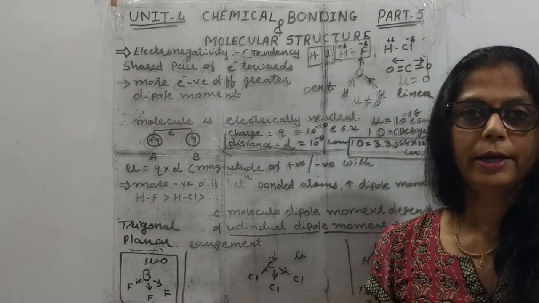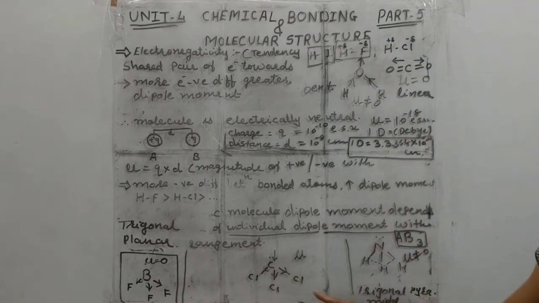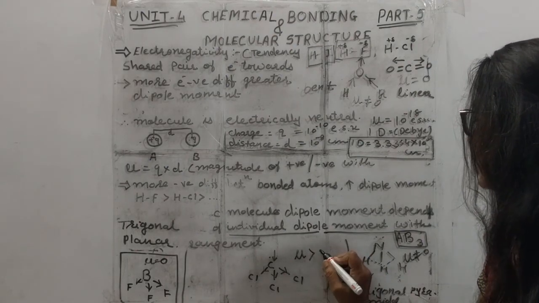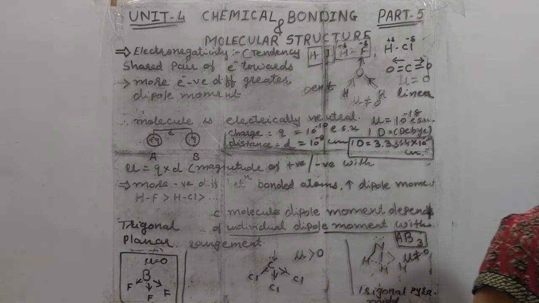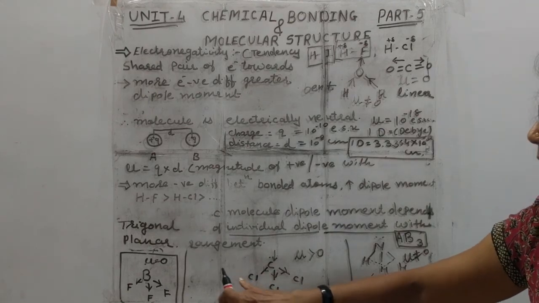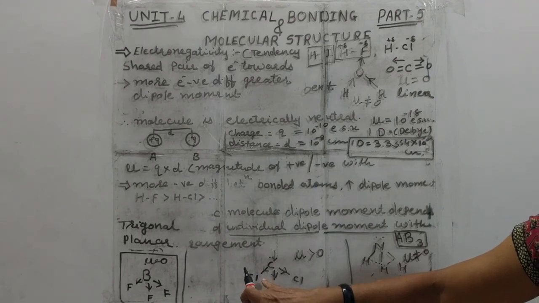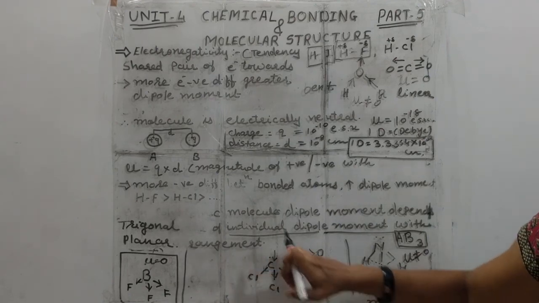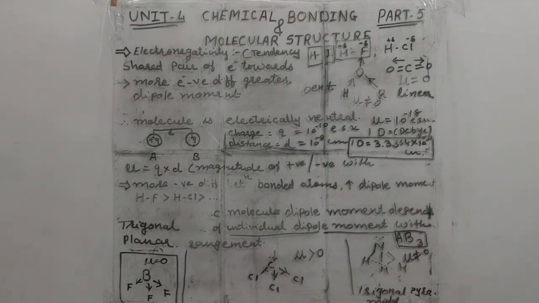No, because it does not cancel each other's charge. So the value of mu is greater than 0, student. This way all the bonds are not the same, that you will understand. In CCl4 and CCl3, C-Cl is a polar bond, but for CCl3 you can see that the dipole moment is different.